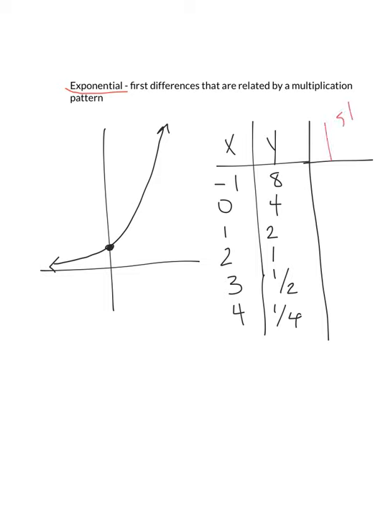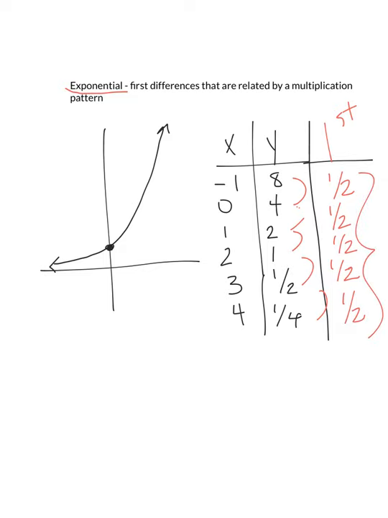But if I suspect that it's exponential, what I could do is divide instead of subtract. So if I have a 4 divided by 8, I would get 1/2. 2 divided by 4, 1/2. 1 divided by 2, 1/2 divided by 1, and 1/4 divided by 1/2. Since all of these are a half, when I divide, I know that it is exponential.